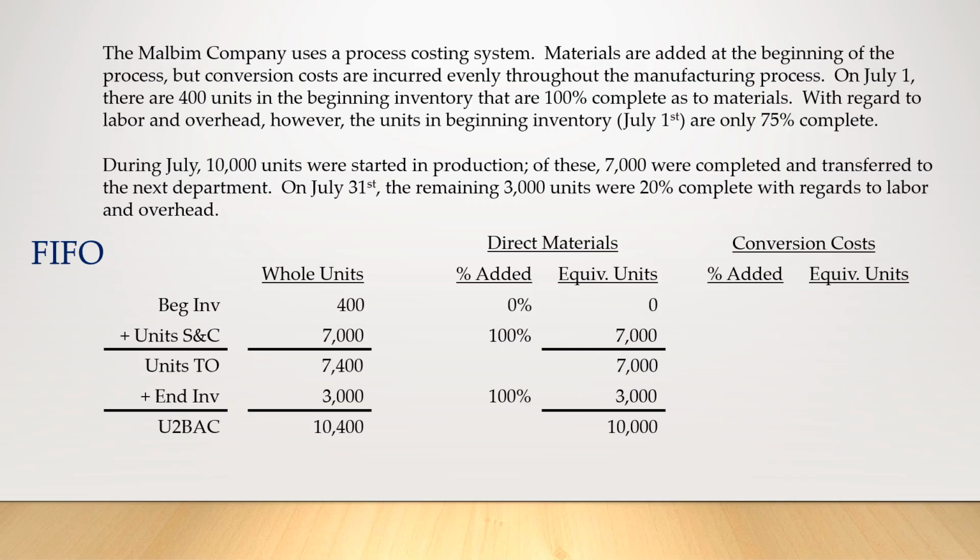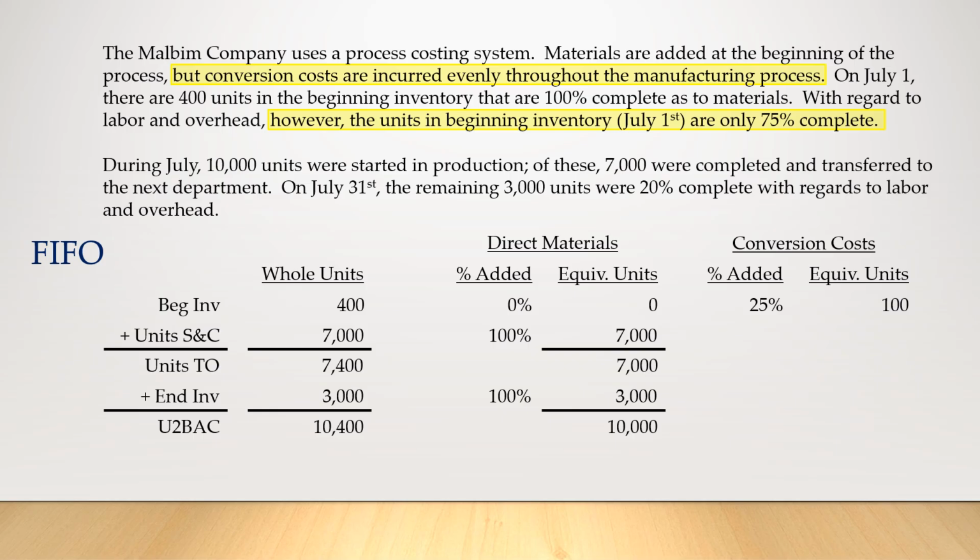Next, we'll do conversion costs. Conversion costs are incurred evenly throughout the process, and beginning inventory was 75% complete with respect to labor and overhead. So what percent of those costs were added this month? 25%. If beginning inventory was 75% complete as of the start of the month, then we had to add the remaining 25% of conversion costs this month.